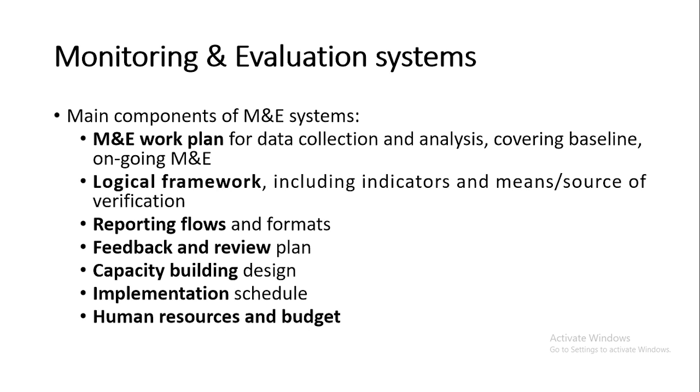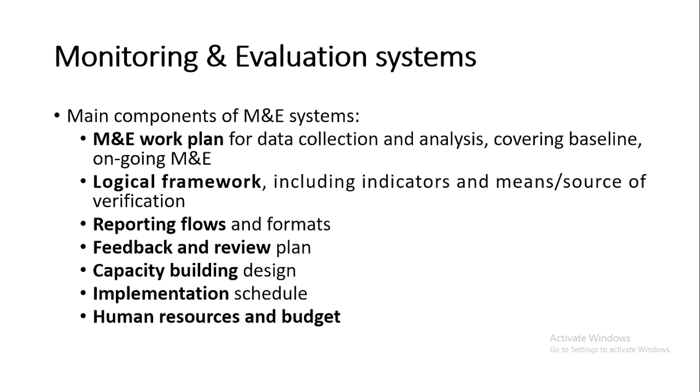You need a feedback and review plan in monitoring emergencies, because as I said, you're always doing real-time monitoring. So in cases of hunger, you need feedback from the people, their health and their needs, and then you need a review plan. Then you need a capacity building design.